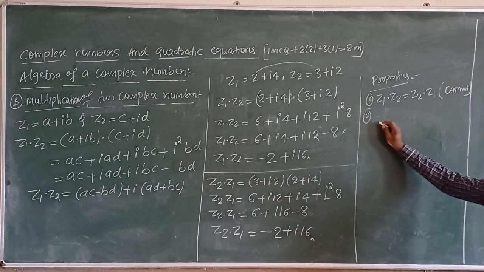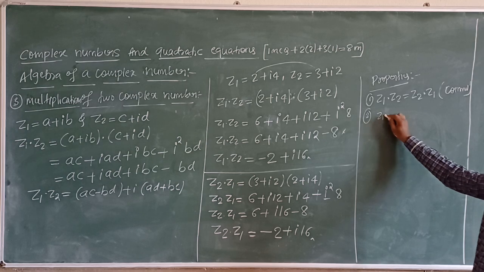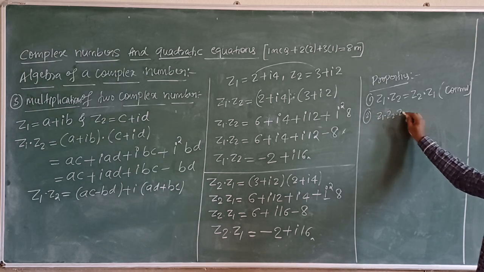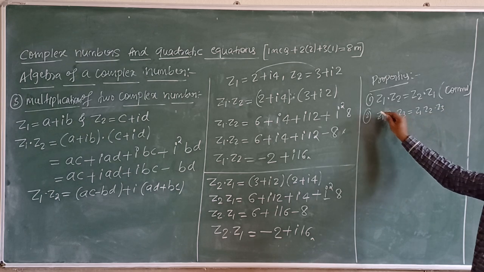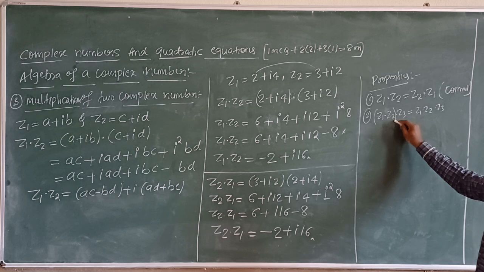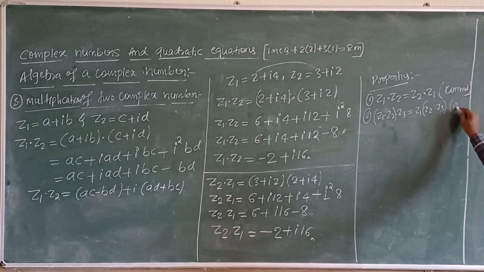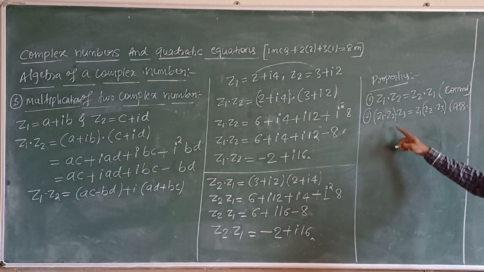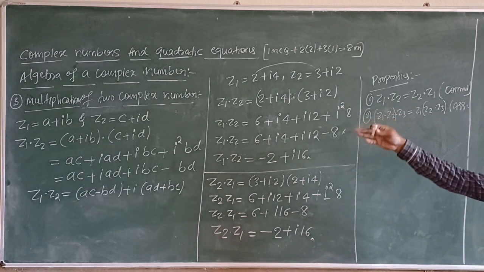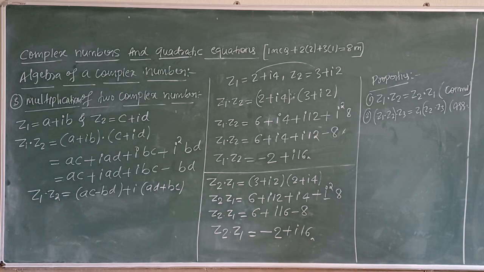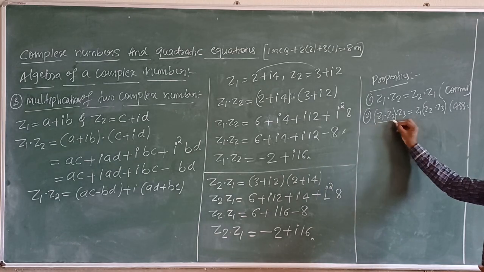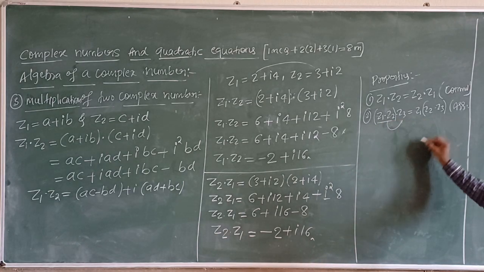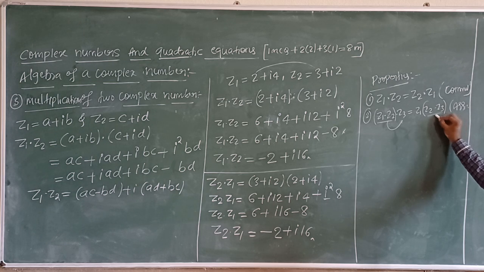Go for the second one: take the associative property. Meaning, we have to take three complex numbers now. Right? Z1 into Z2 into Z3 is equal to Z1 into Z2, okay, Z3. Here we take brackets; adjust as you like: first two terms in the bracket, or last two terms in the bracket. This I call the associative property. Is the associative property satisfied under multiplication of two complex numbers? It is satisfied. Consider any three complex numbers: multiply Z1 into Z2, and that answer is again multiplied with Z3; likewise Z2 into Z3, and that answer is multiplied with Z1.